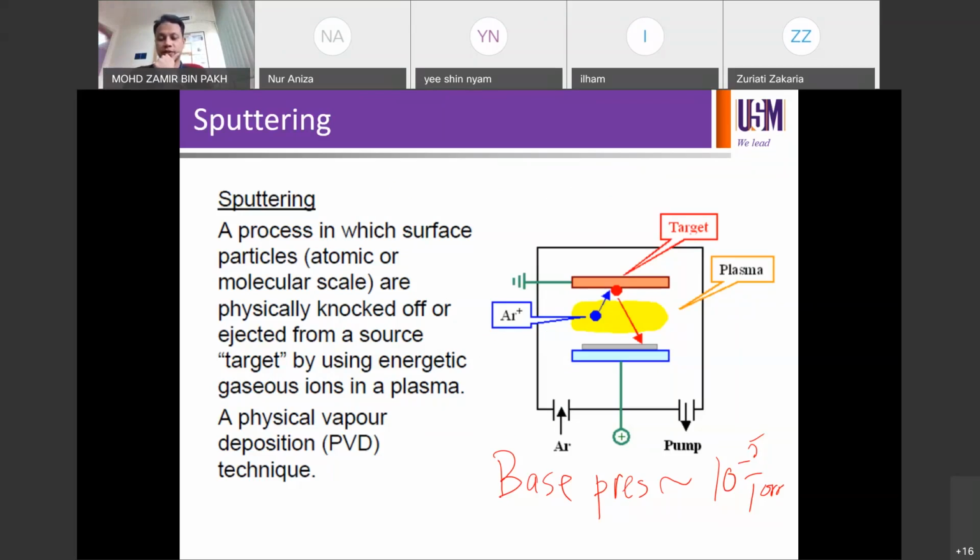This is basic. This side here is 10^-5 now, before argon. So what happens to the pressure inside the vacuum?